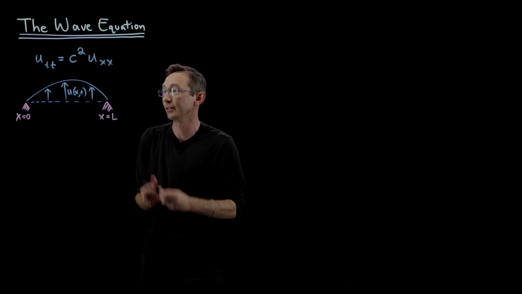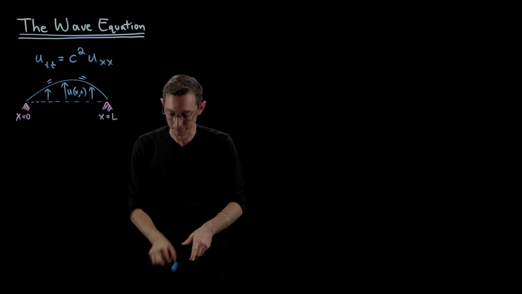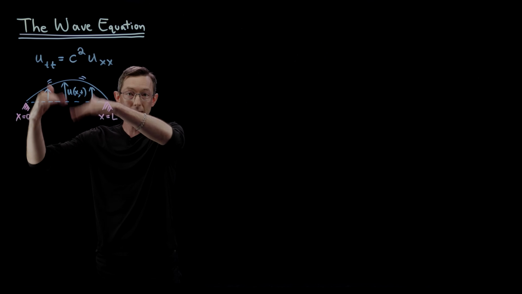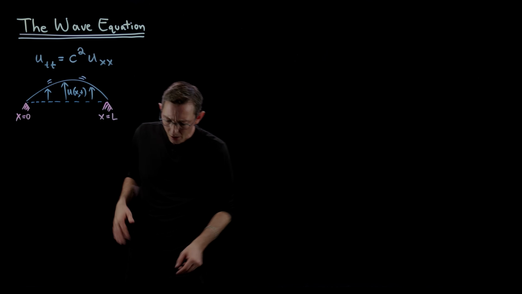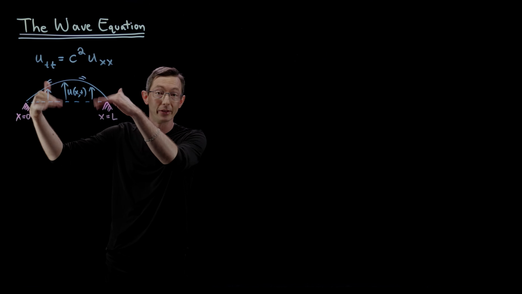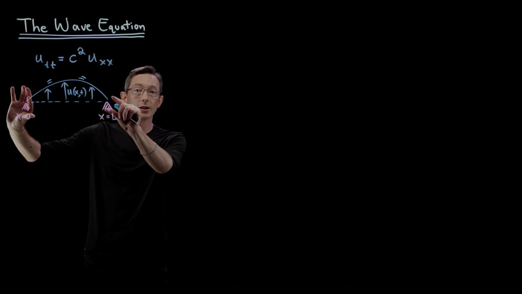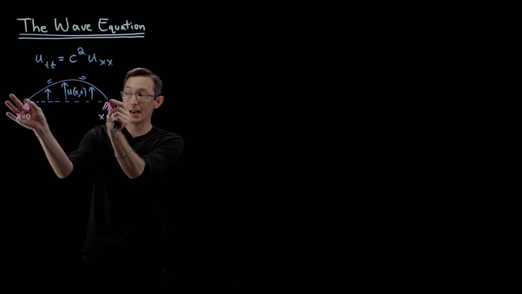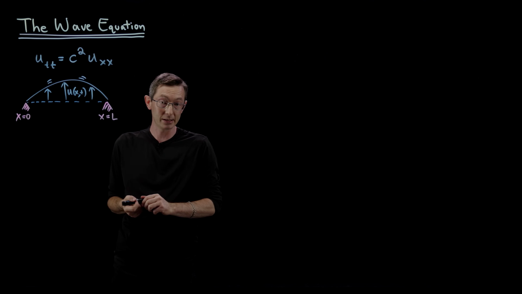You can picture this thing literally oscillating. The guitar string is oscillating, and that's what's creating these acoustic waves. That's one example of the wave equation, something like a vibrating string, where the boundary conditions are pinned so that both the x equals 0 and x equals L boundaries have 0 displacement.